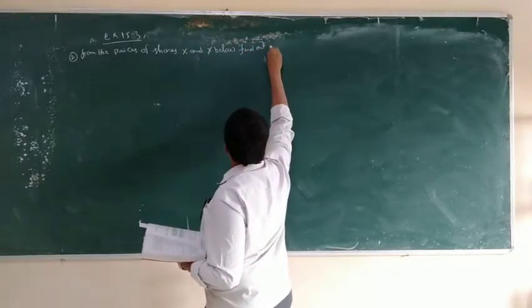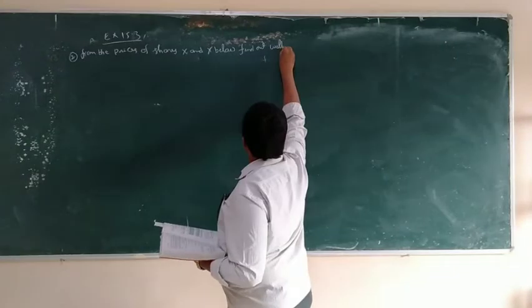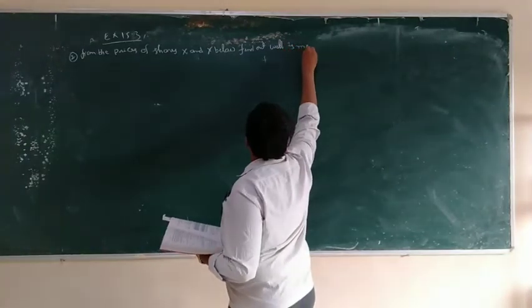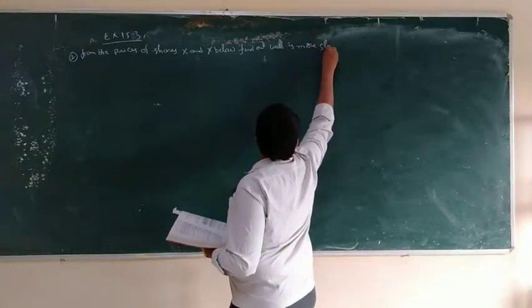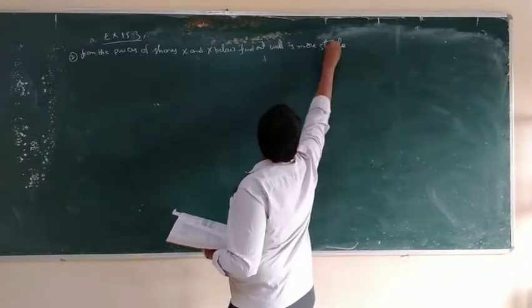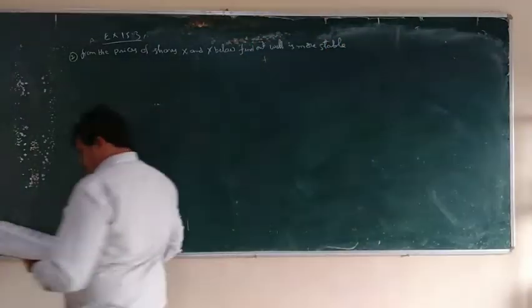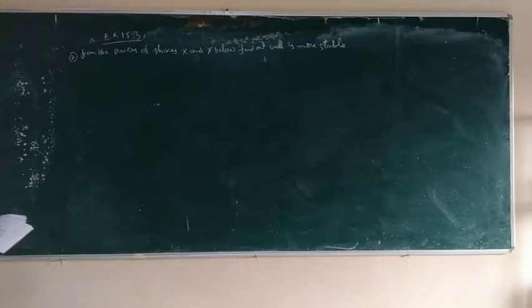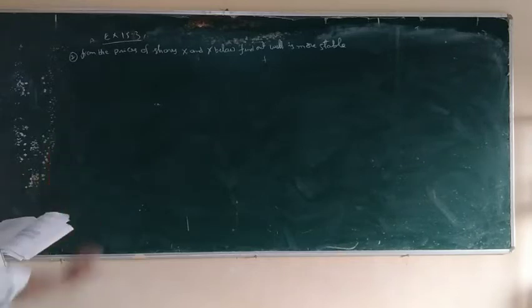More stable means more consistent. First we have to find the coefficient of variation, and before that the mean and standard deviation.